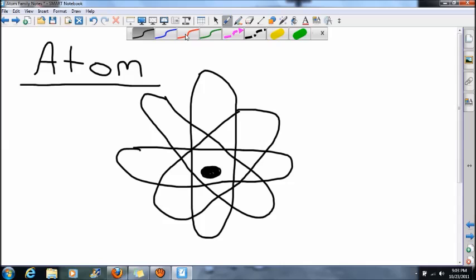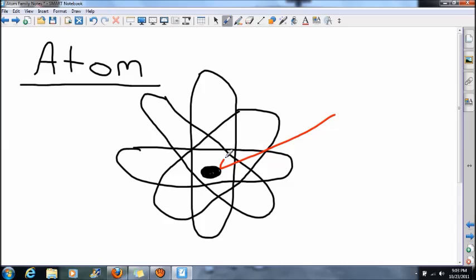The very center part of the atom right here, so let's point to this part right here. Right here in the center of the atom is what's called the nucleus. So the nucleus is the center of an atom. Kind of think of your body as like an atom, and the nucleus of your body is your brain.